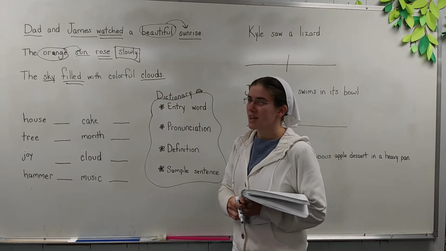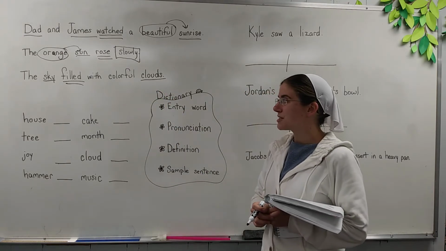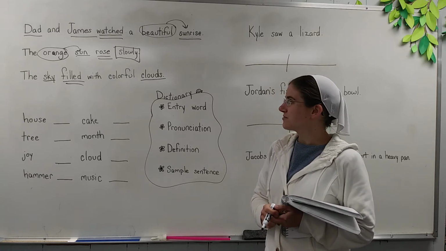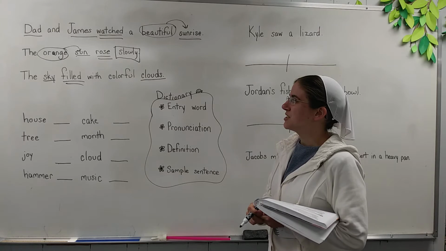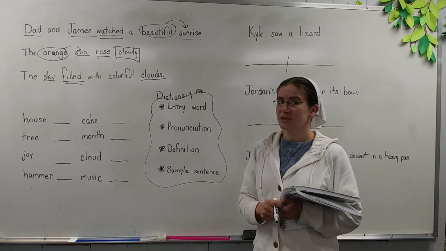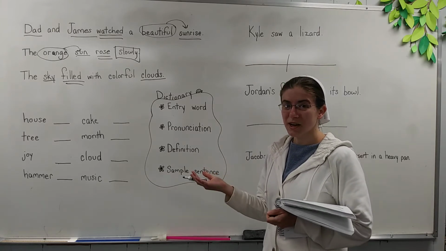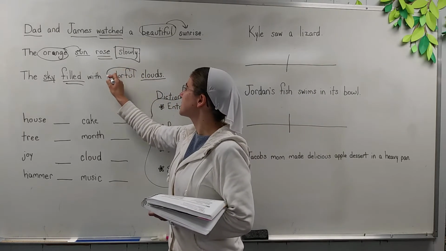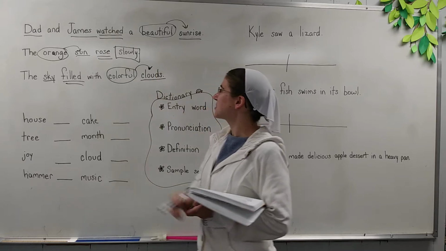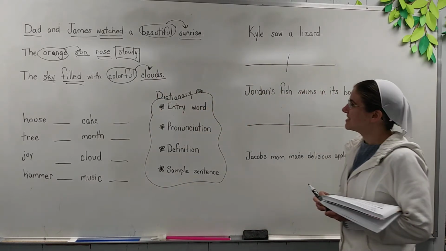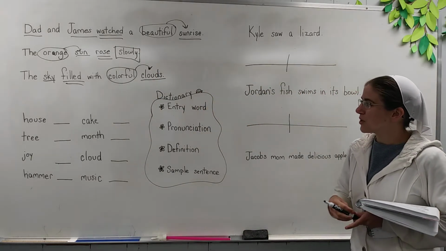Okay, are there any adverbs that tell how the sky filled? No, no adverbs. Are there any adjectives to describe clouds? We have what kind of clouds? Colorful clouds. Okay, colorful describes clouds. Good.